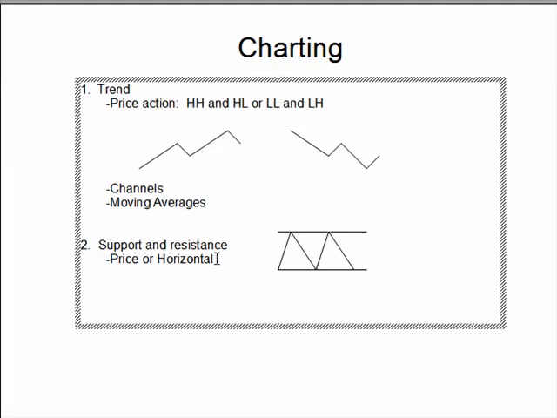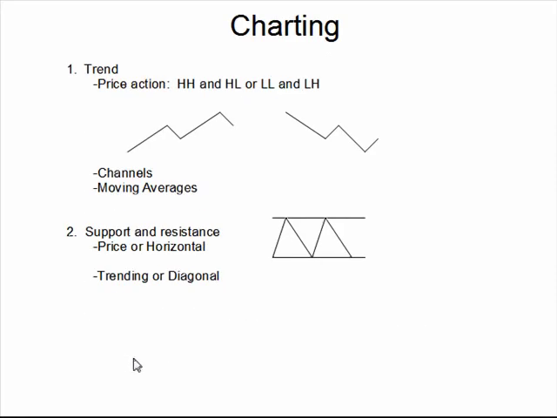The other type, and ones that we will probably be dealing more with in the simple trading method, is simply the trending or diagonal support and resistance.